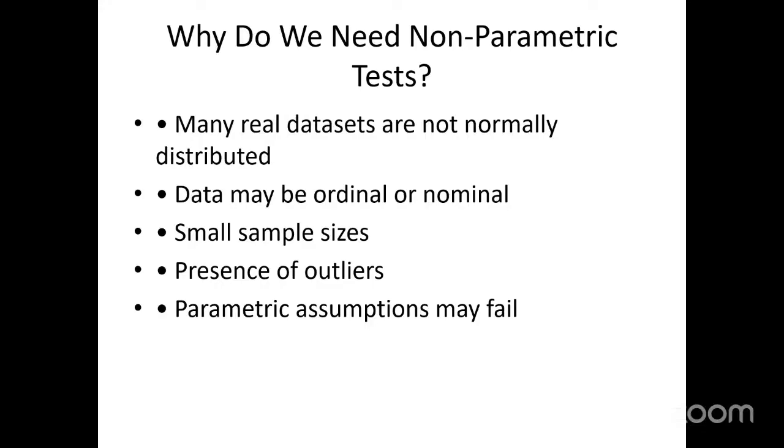We use the word IID, identical and independent observations. The data must be in ratio or interval scale, and no extreme outliers. When these assumptions are violated, we use non-parametric.